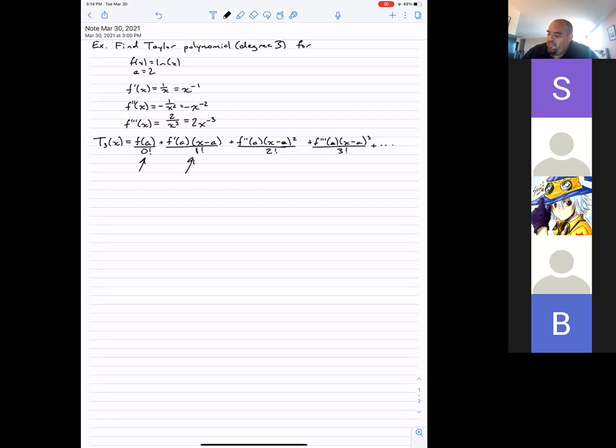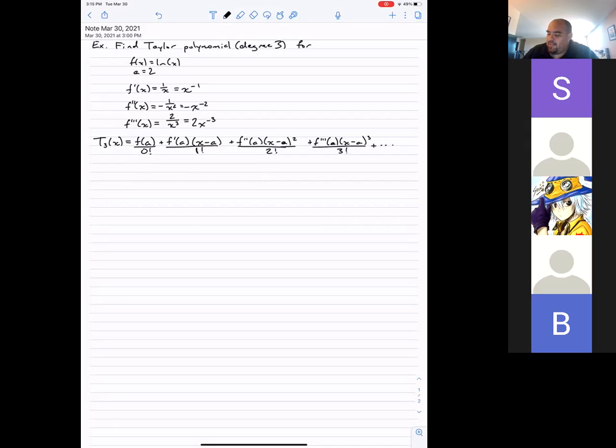But the second derivative of this term is going to come out to be 2 times f double prime of a, because of the way the power rule works. So we have to divide by 2 to make sure that we're being faithful to the value of that derivative there. So that's why those factorials show up. So now this is what our template looks like.